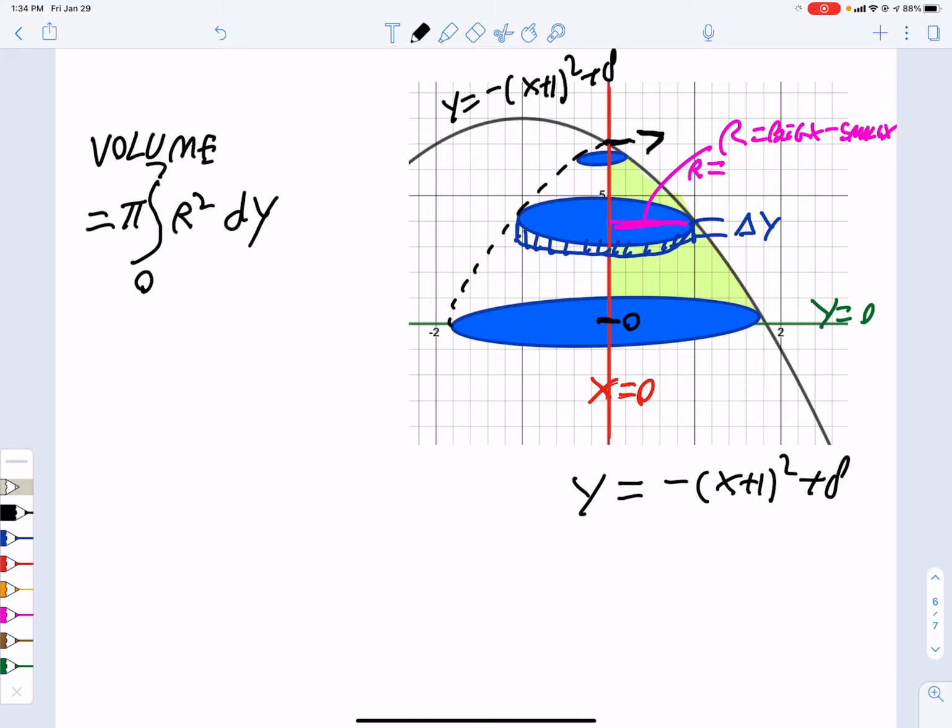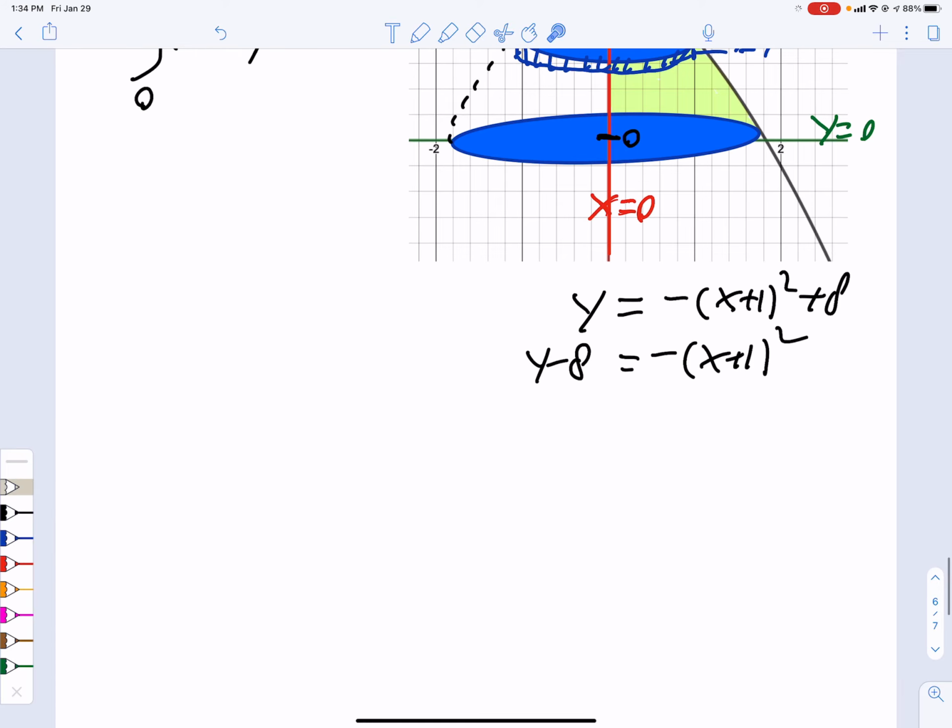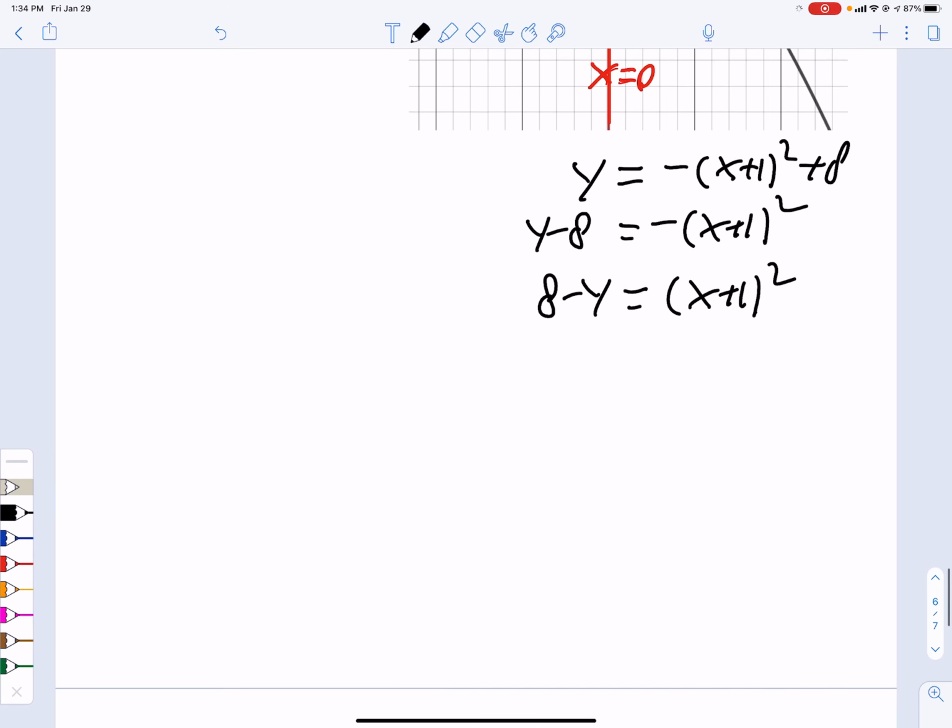Let me subtract 8 from both sides. I don't like the negative sign, so if I multiply both sides by negative, I get this. Let me square root both sides.